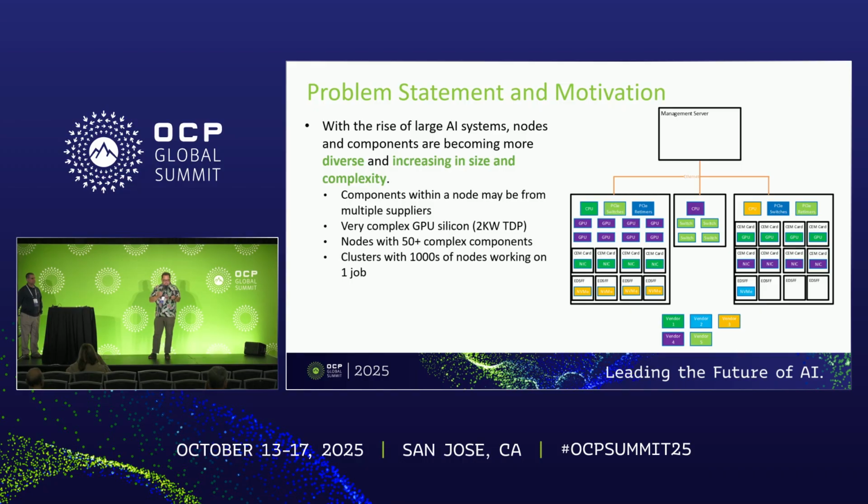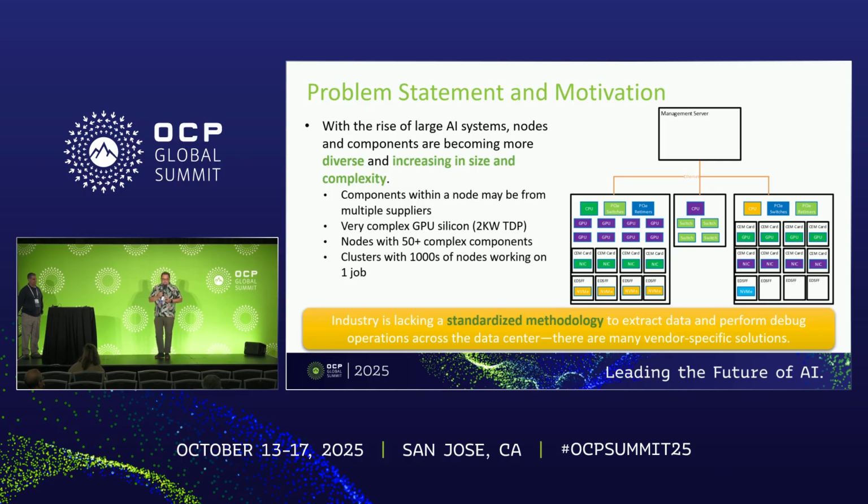I've got this really colorful chart here showing an example node made up of components from 5 different suppliers, put together by a 6th supplier, deployed by an OCP, and we have a tenant on top of it that actually runs the workload. So that's all highly complex.